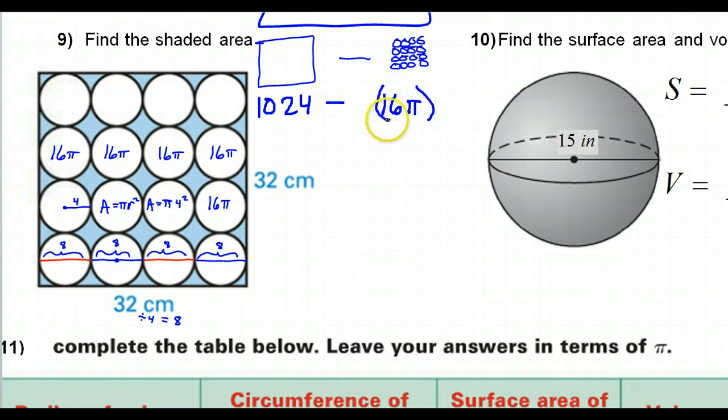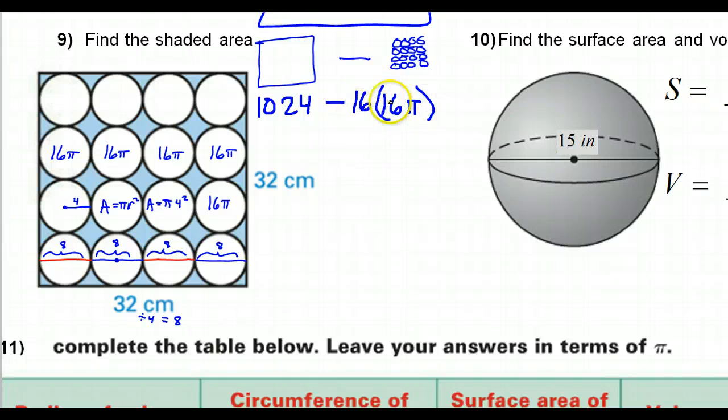Okay, how can I turn this into the area of all the circles? Well, there's 16 of them. So if I multiply this by 16, now I'm subtracting all of them. Now it was just a coincidence that the area happened to be 16 pi and then there were 16 circles. So just keep that straight in your mind. This 16 is because the radius was 4 and I had to square it, pi r squared. This 16 is because there are 16 circles.